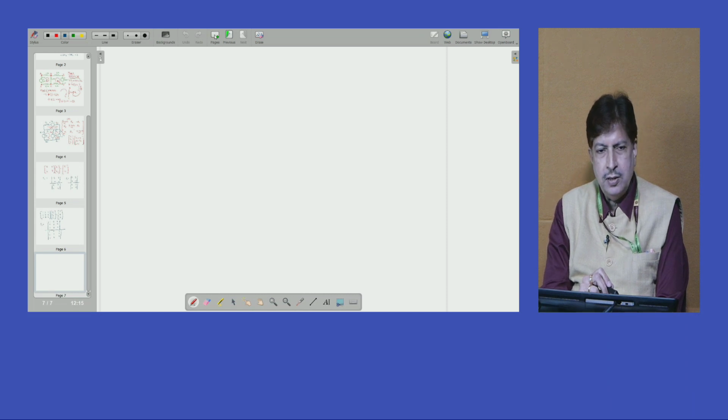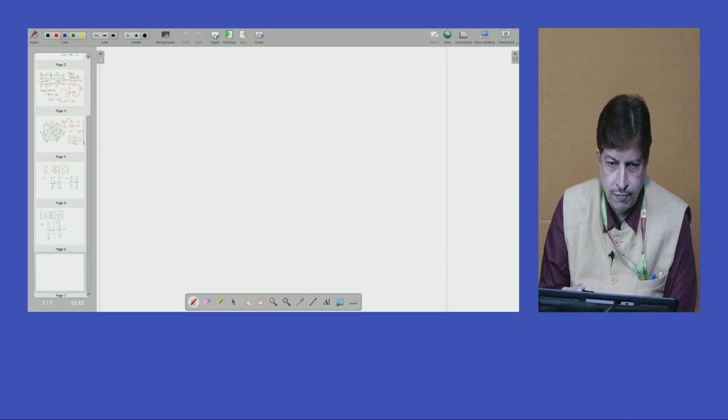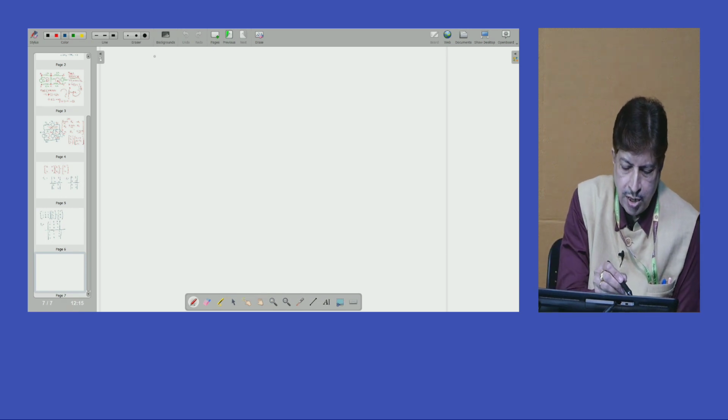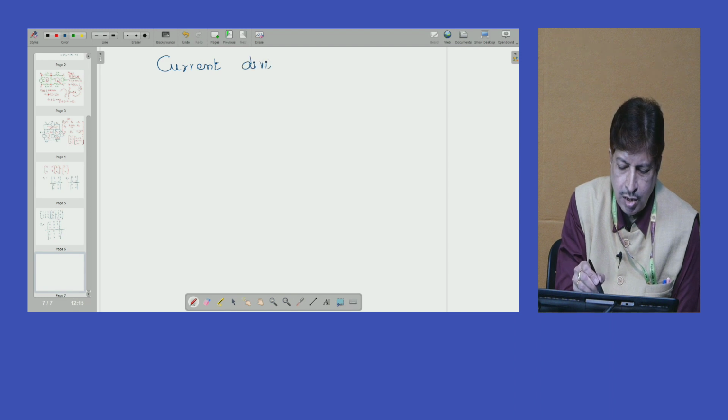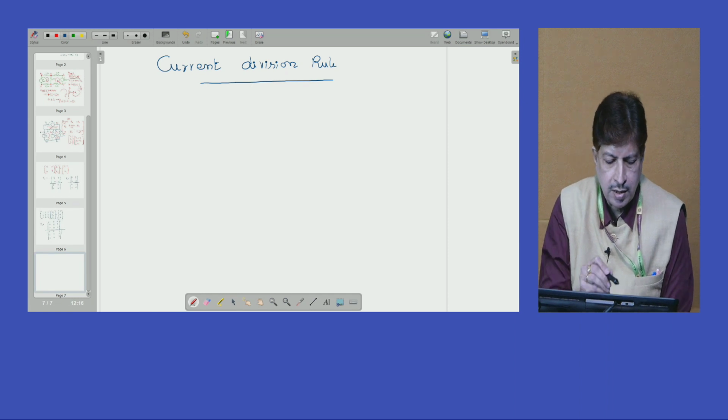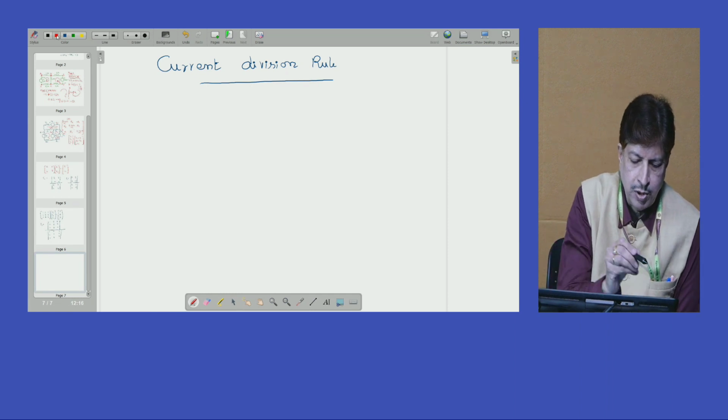One of the important and very useful techniques in the analysis of circuits is the current division rule, or current division principle.